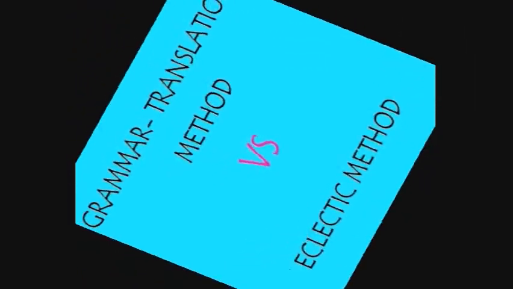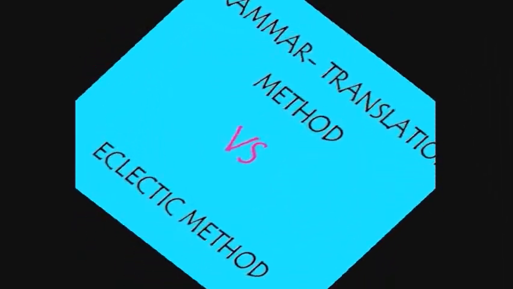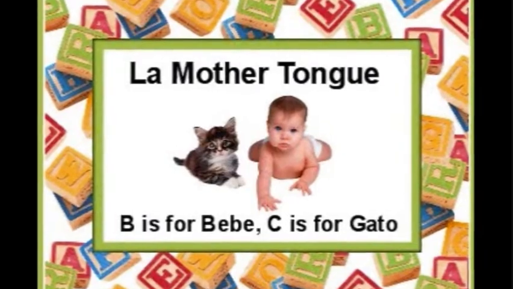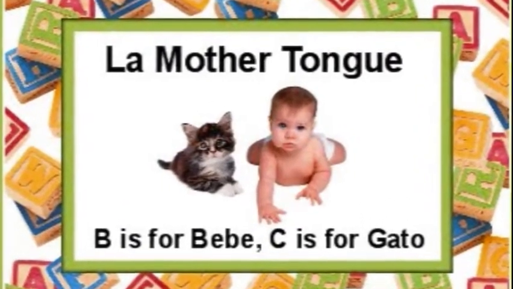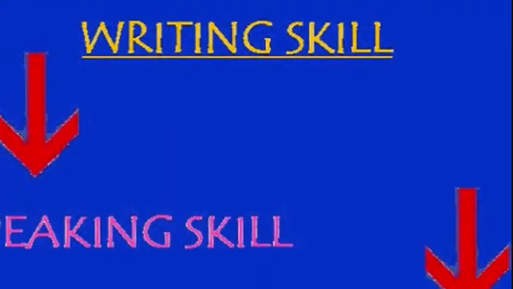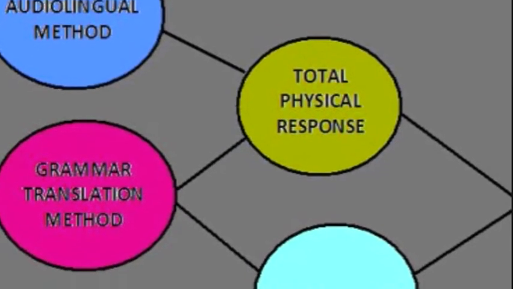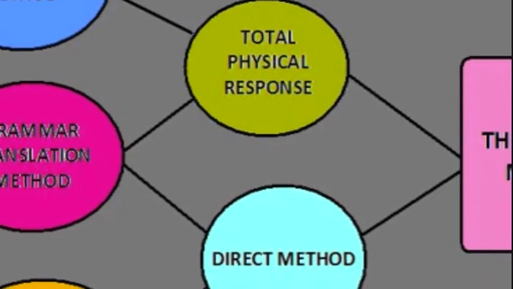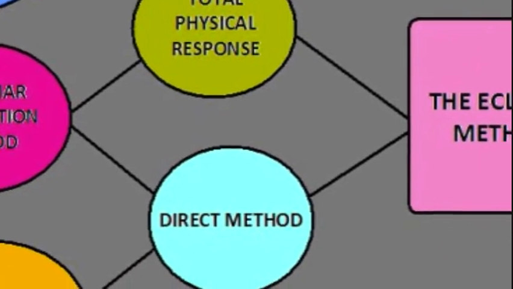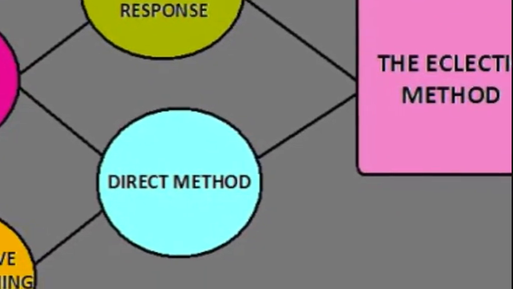There are some characteristics that differentiate the grammar translation from the eclectic method. Firstly, the grammar translation method is taught in the mother tongue, and the speaking and listening skills are neglected. On the other hand, the eclectic is a more flexible method because it is made of several points of different methods that are chosen by the teacher.